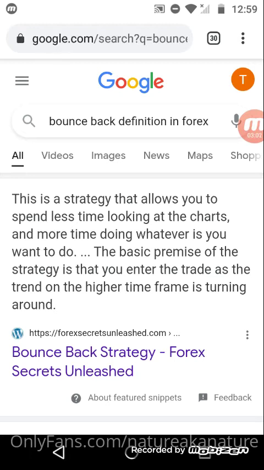That is called a break. Instead of getting right in off the bat when you see price moving, it's better to wait, because price will often bounce back to the price area it was originally at before going back in that direction.